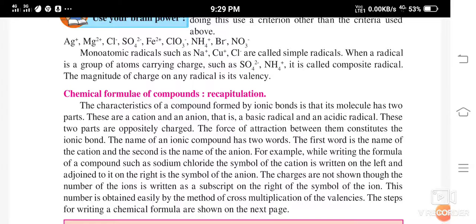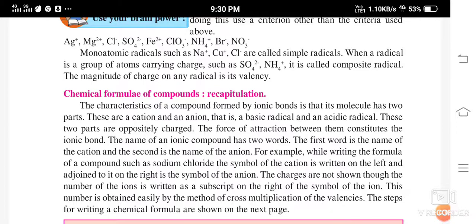The characteristic of a compound formed by an ionic bond is that its molecule has two parts. These are a cation and an anion, that is, a basic radical and an acidic radical. So we studied this, isn't it? The compound which is formed by ionic bonds has molecules with two parts, the cation and the anion, basic radical and acidic radical.